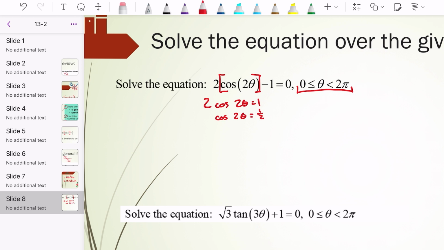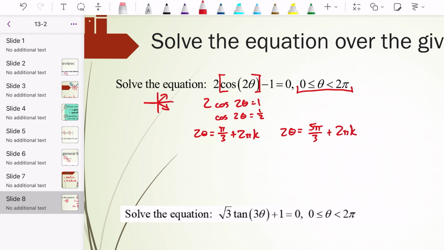Keep in mind, cosine would be positive in quadrants 1 and 4. We're going to get two values from this, and we're going to end up with 2 theta is equal to pi over 3 plus 2 pi k, and 2 theta is equal to 5 pi over 3 plus 2 pi k.